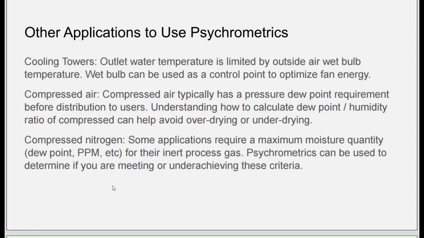They'll give you a spec in parts per million of water vapor, or ppm. And often the requirements are that it's very dry. So doing any kind of analysis on ultra dry nitrogen or other inert gases, you can use these same equations and psychrometric principles that we talked about to figure out how to achieve those conditions and what your drying requirements might be to achieve that.